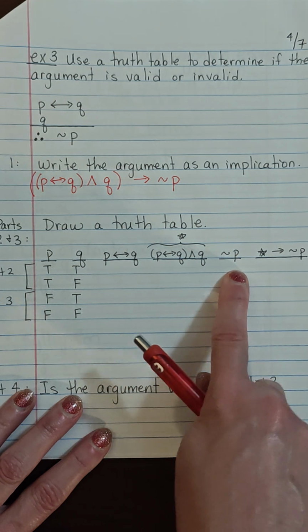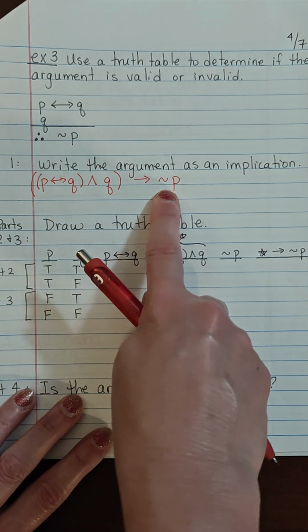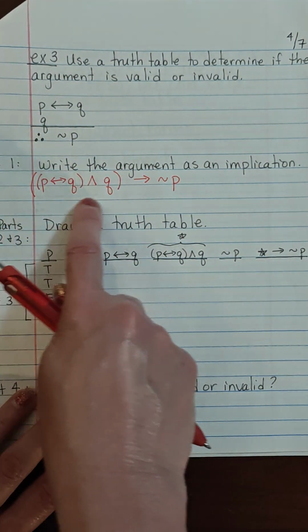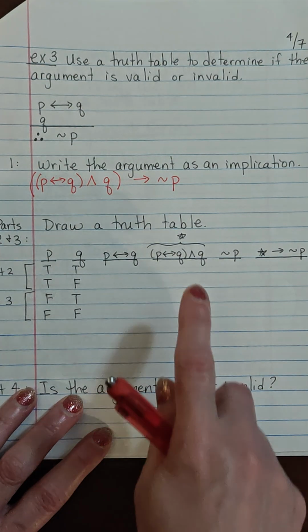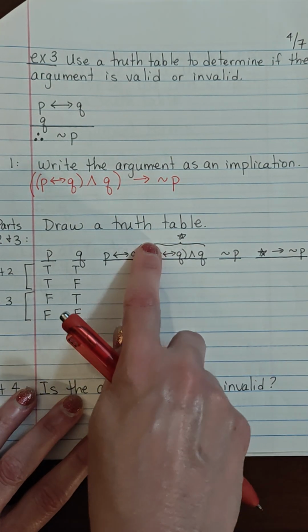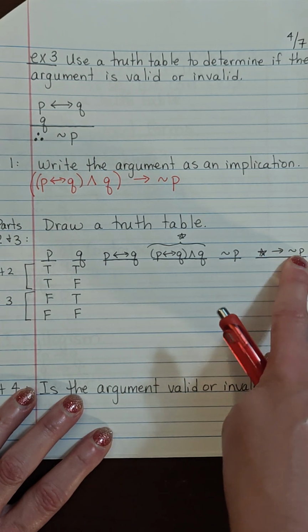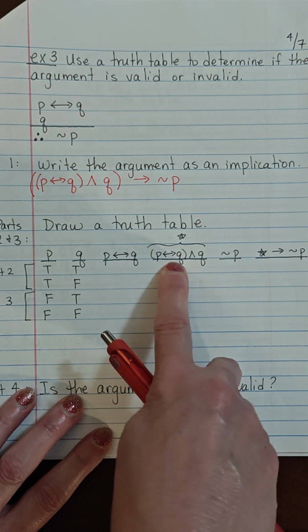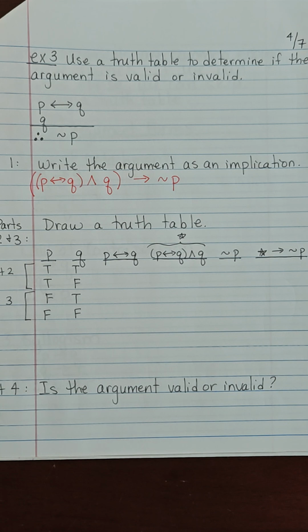And then I got my not P. Then I've got the implication from this mess to not P. So again, I told you that a lot of times this stuff over here on the left-hand side gets really messy. So I will call that star, and then my last column will be star implies conclusion. That way it tells me which one to go back to, without me having to write all of that and cram all that stuff into that column.